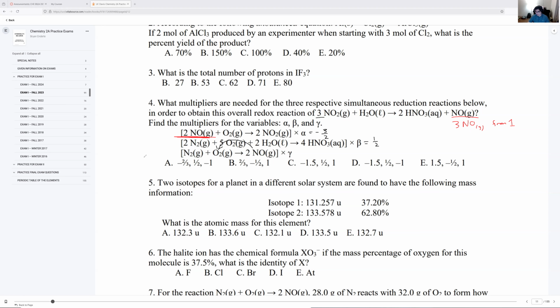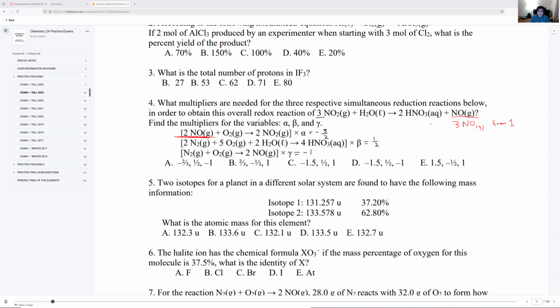Then the 2 go away, and you're left with 1 on the product side. So to get this onto the reactant side, I multiply this by a negative, and it's already the correct number. It's 2. So it's just -1. And that's it. It's going to be -1.5, 1/2, and -1. So the answer is D.